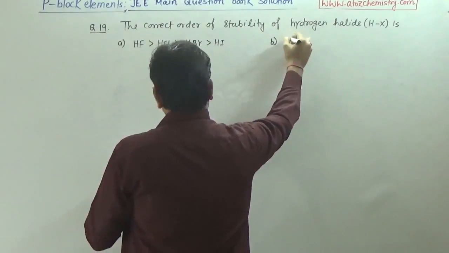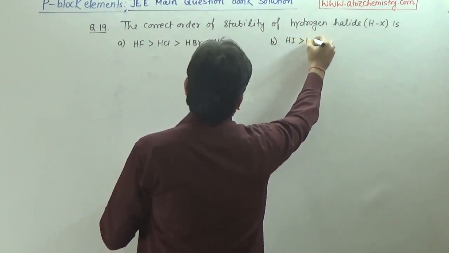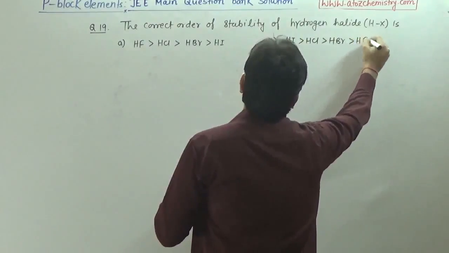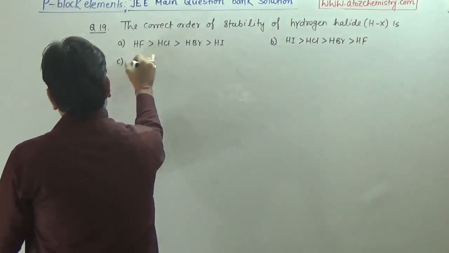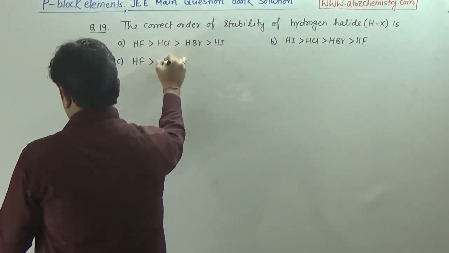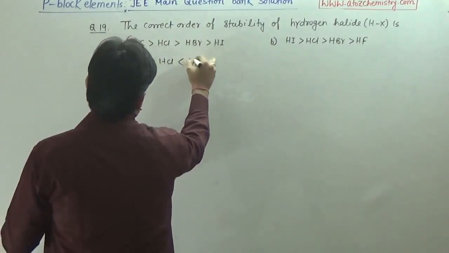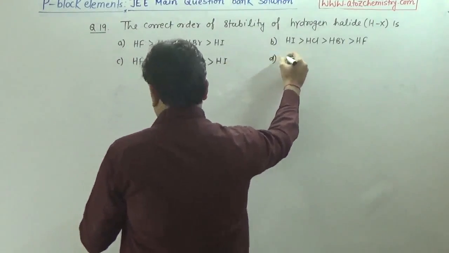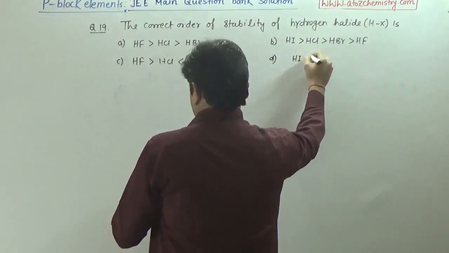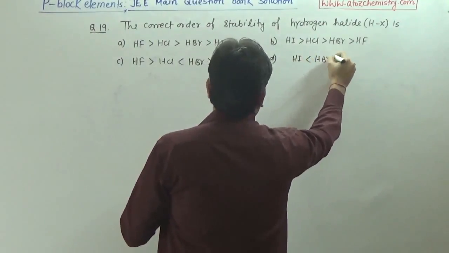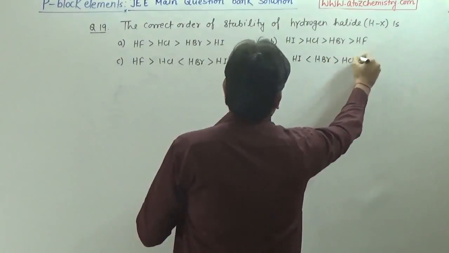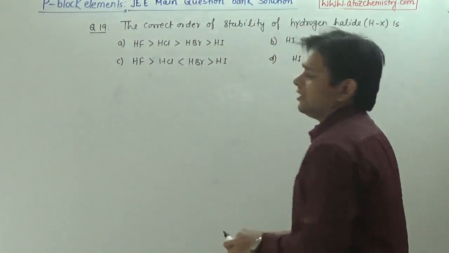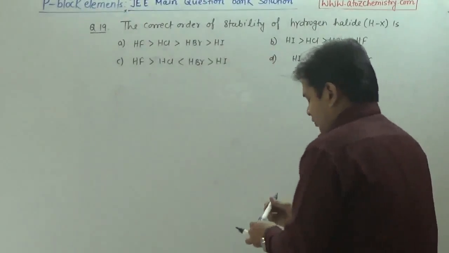B option: HI greater than HCl greater than HBr greater than HF. C option: HF greater than HCl less than HBr greater than HI, and D option is HI less than HBr greater than HCl less than HF. These are the four options given, and this was the question asked by JEE Main in 2005.